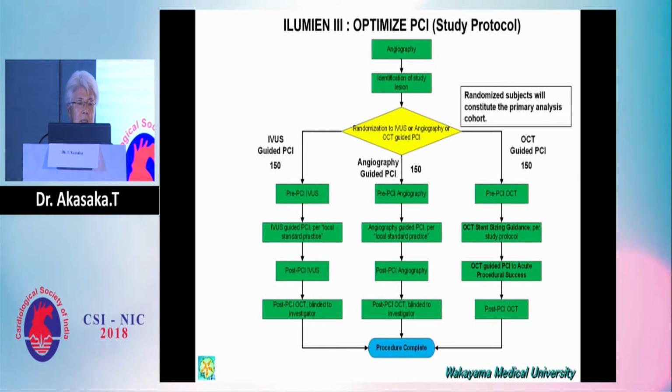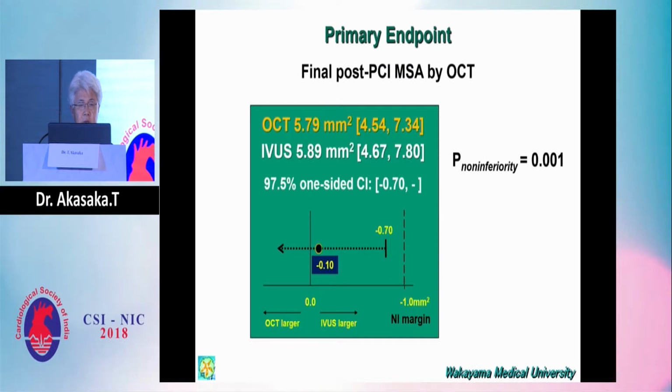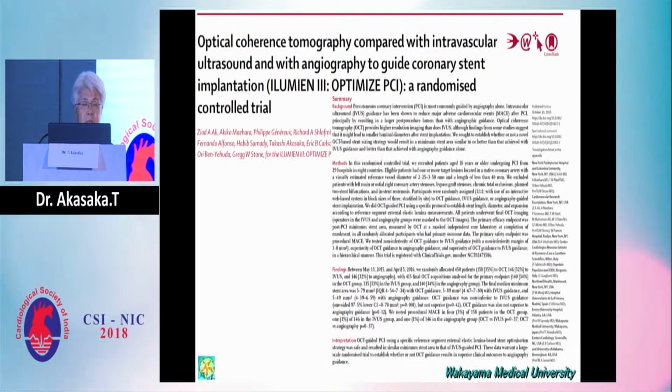And another similar study is ILUMIEN III. They tried to demonstrate OCT non-inferiority compared with IVUS and OCT superiority to angio guide, right? And they succeeded in demonstrating non-inferiority of OCT guide compared with IVUS guide as shown in this slide, but they failed to demonstrate the superiority of OCT guide compared with angio guide because of the smaller patient population.